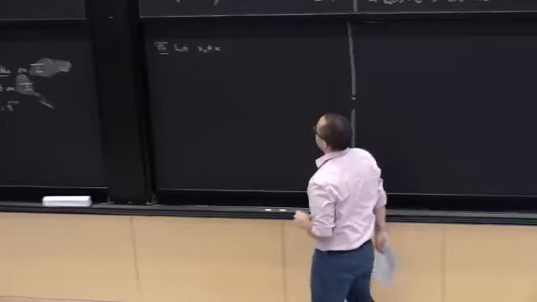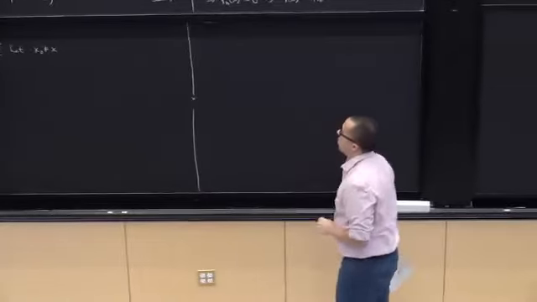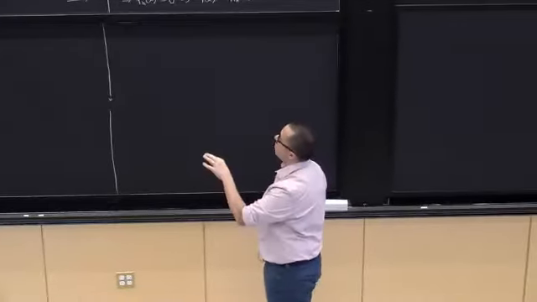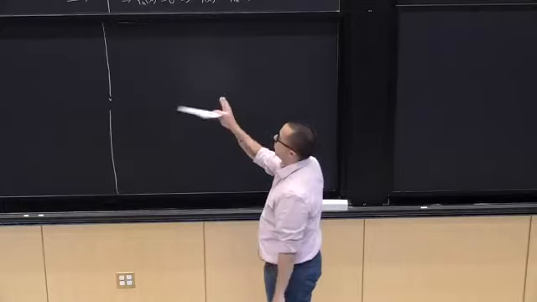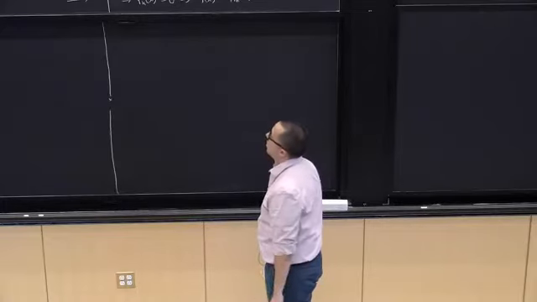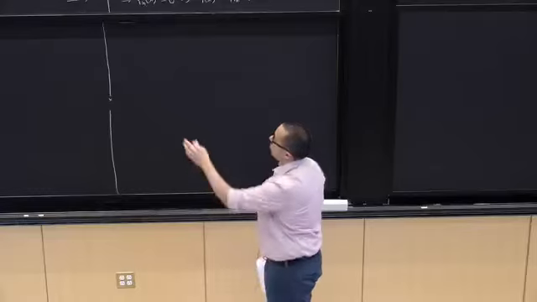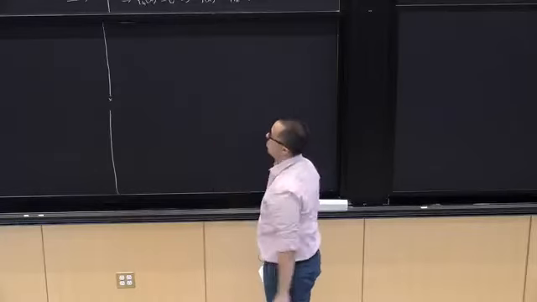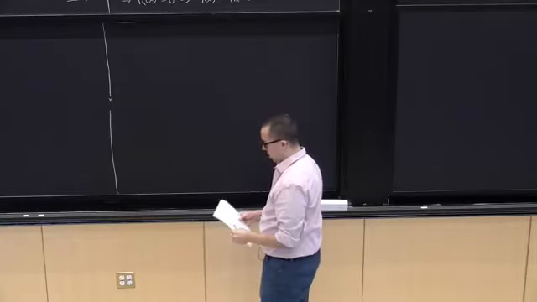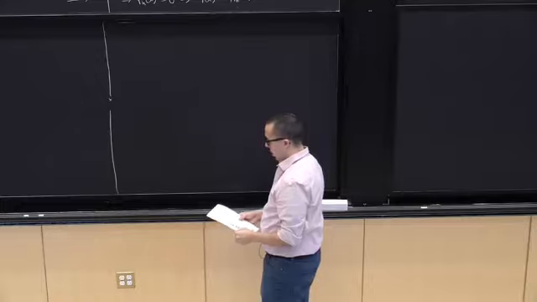So let's take 2 points, x0 and x, not equal to each other. Of course, if they're equal to each other, we can take c to be whatever we want, because then what we pick up is f of x equals f of x on the right-hand side. So we can just consider the case that x0 does not equal x.